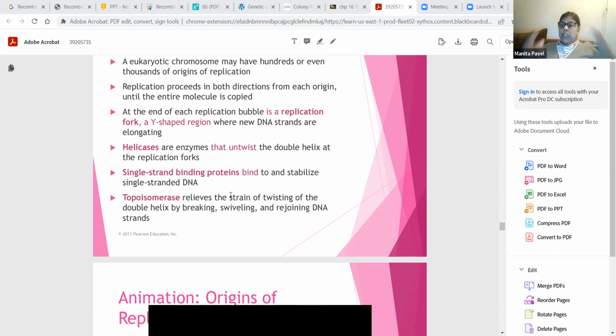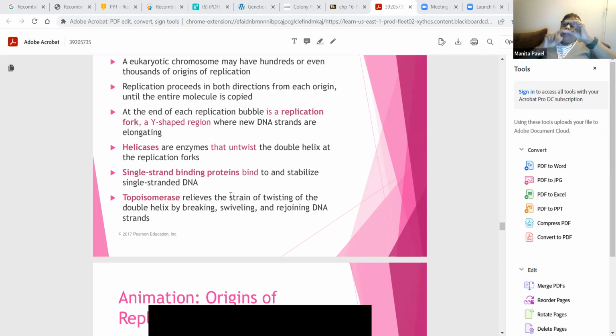So we have a particular enzyme called topoisomerase. What does topoisomerase enzyme do? It relieves the strain. So if this is the replication bubble, and we see the replication fork, which is this intersection point, the distance between any two replication forks must consist of at least 10 minimum nucleotide sequences.